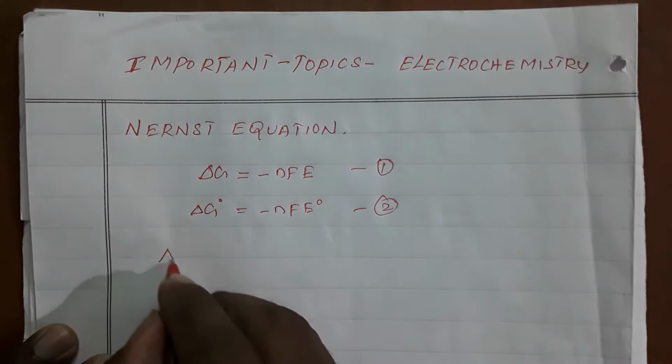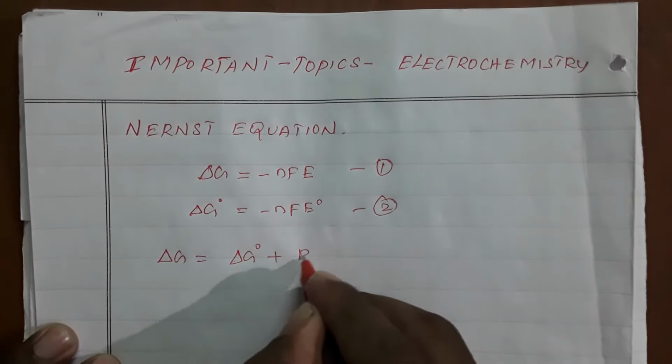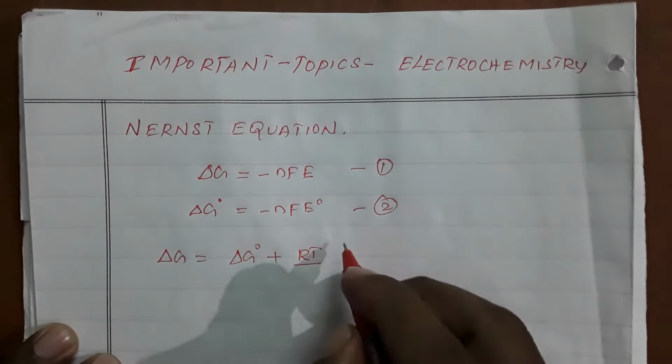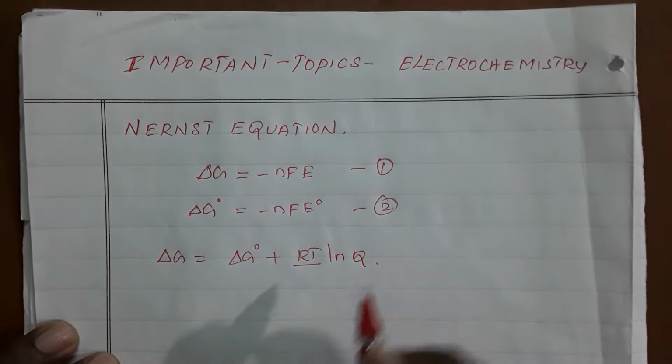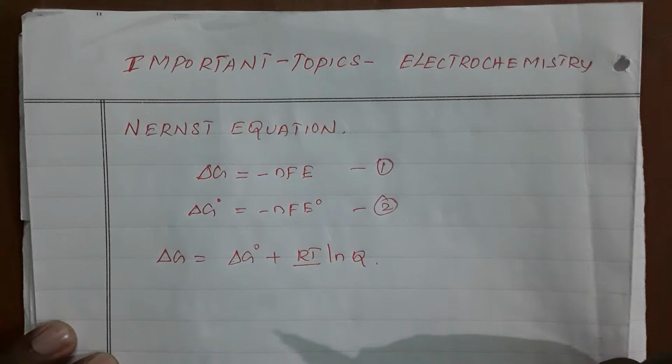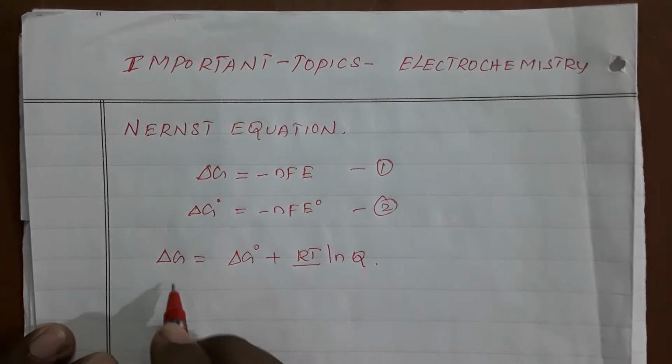From this, ΔG equal to ΔG naught plus RT ln Q. The Q is called the equilibrium constant. Now substitute equations 1 and 2 in this equation.